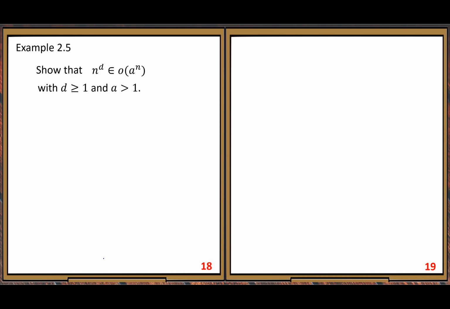Here, in order to make this question relatively simpler, I make an assumption: d greater or equal to 1, and let us assume d is an integer first. Later, we will remove this assumption.